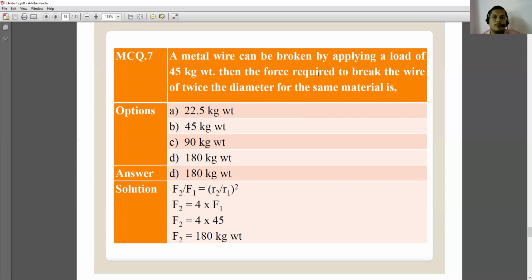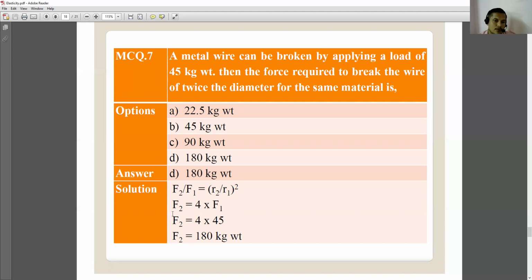A metal wire breaks if we apply 45 kg weight. If we keep the material same and the diameter is twice, how much force is required, we have to find here.